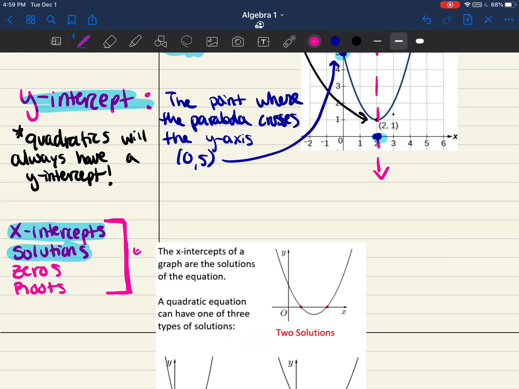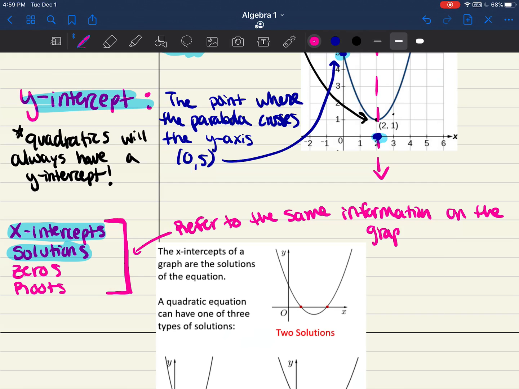So these 4 terms refer to the same information on the graph. So if you're given a graph or able to graph something and you need to find the root, the zeros, solutions, or x-intercepts, every single time, all 4 of those words, you're going to look in the same place on the graph.